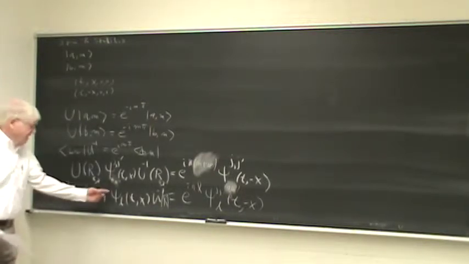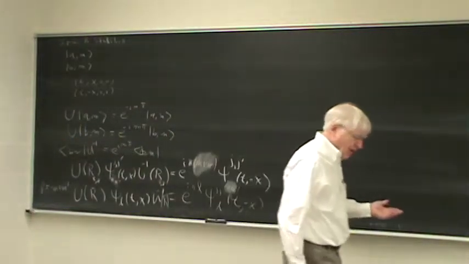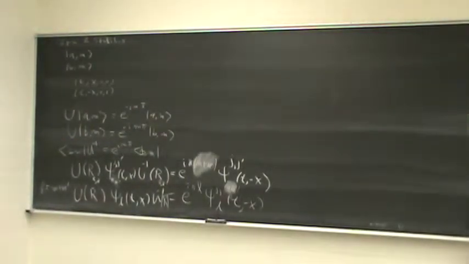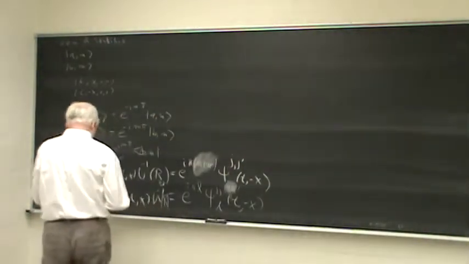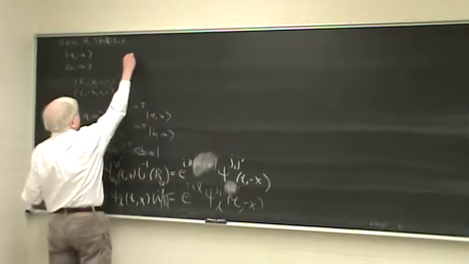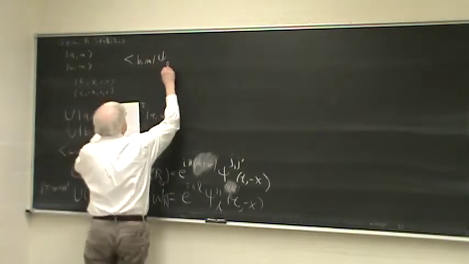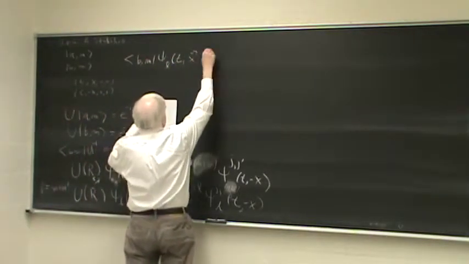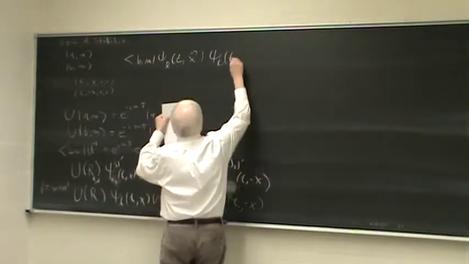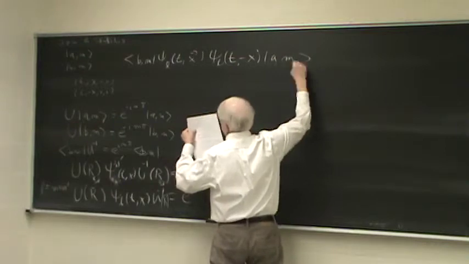And for practical purposes here, L will either be 0 or 1, or 1/2, or minus 1/2. So now what I want to do is have here B_m psi_L(t, x) psi_L(t, -x) A_m.